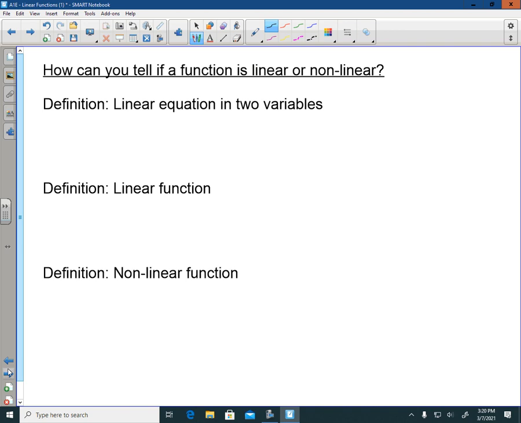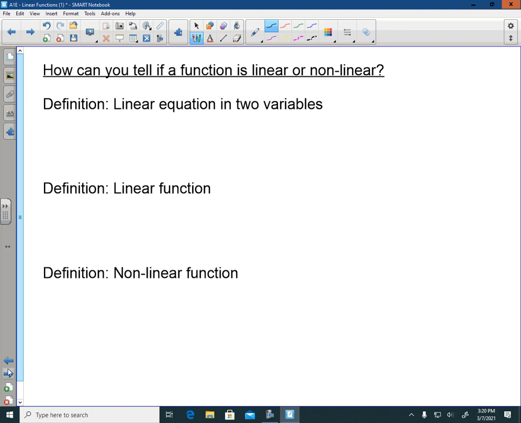First of all, a linear equation in 2 variables. We're used to equations with 1 variable, like x or r, or just 1 variable at a time. But a linear equation will have 2 variables.